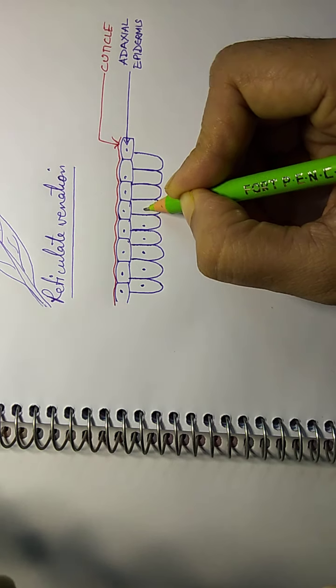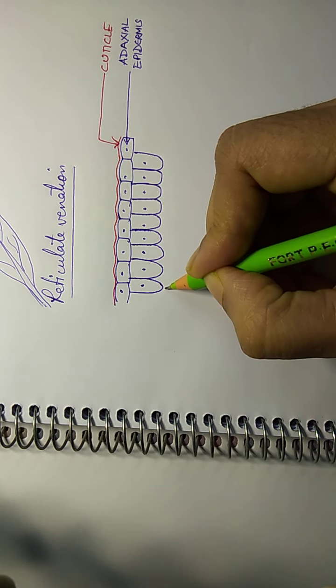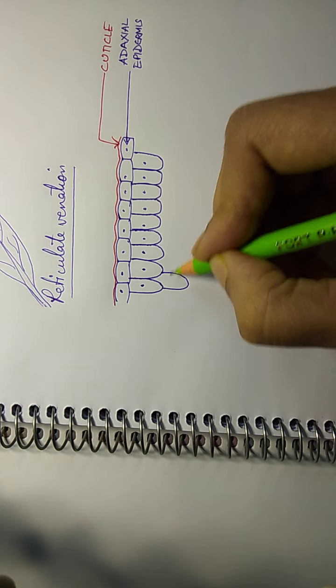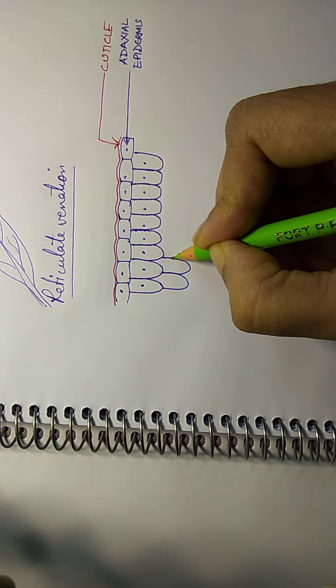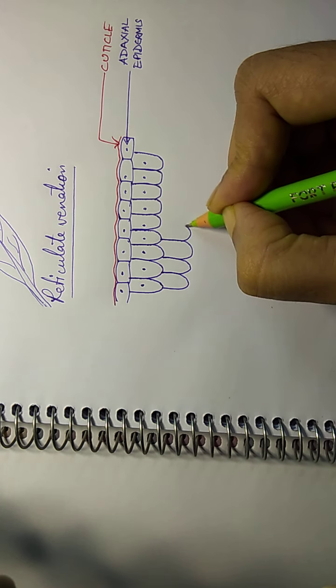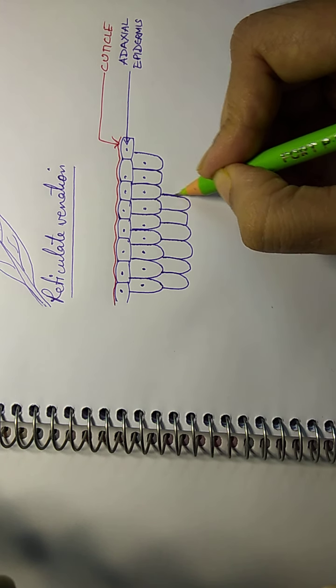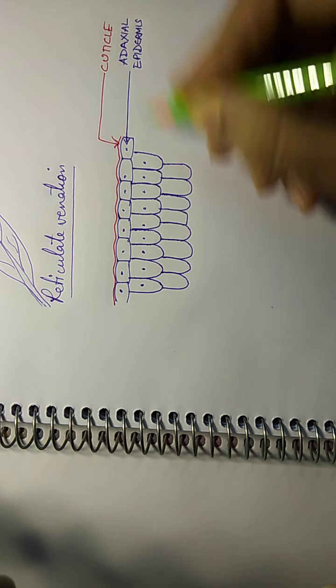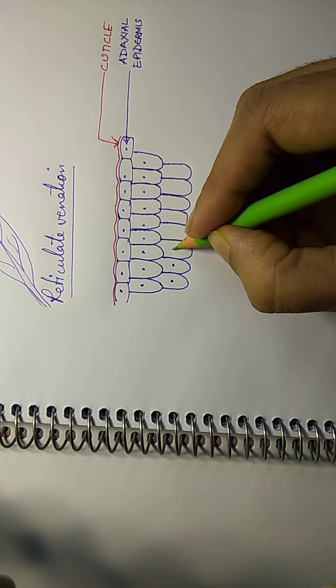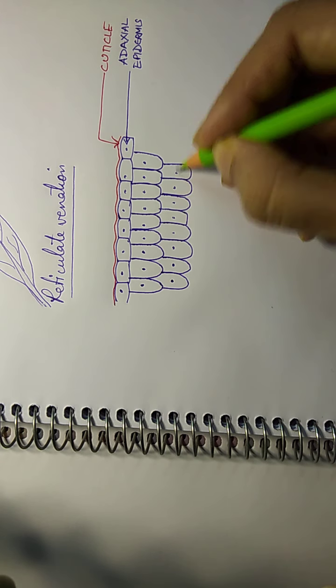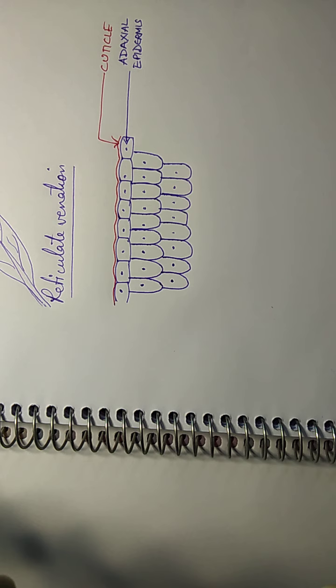But a characteristic feature of these cells is that they are elongated, almost 90 degrees or perpendicular to the layer of the epidermal cells, and they are hugely loaded with chloroplasts.